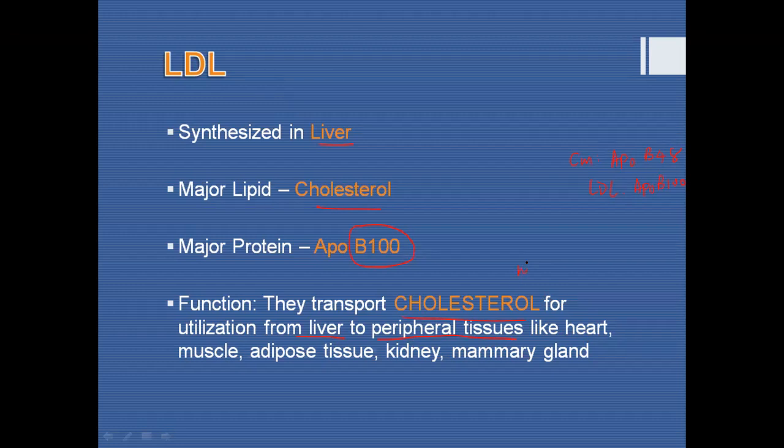So when there is a high LDL level, the chances of its function, that is the circulation of cholesterol to various organs, is also high, and it will have certain complications like coronary artery disease, myocardial infarction, or atherosclerosis.